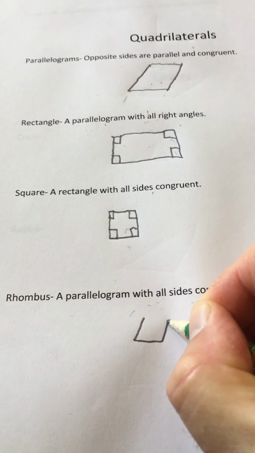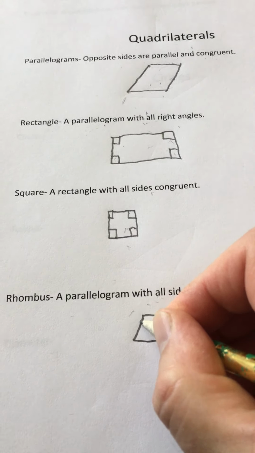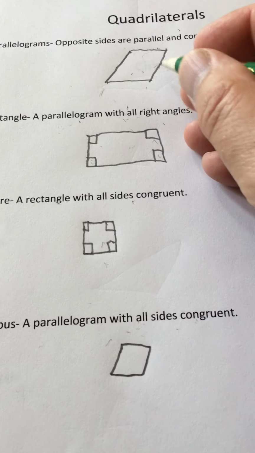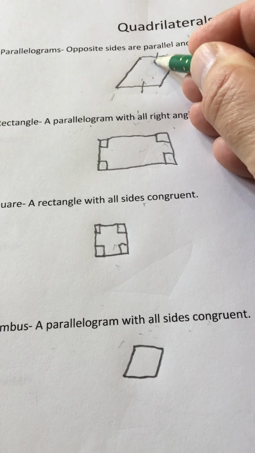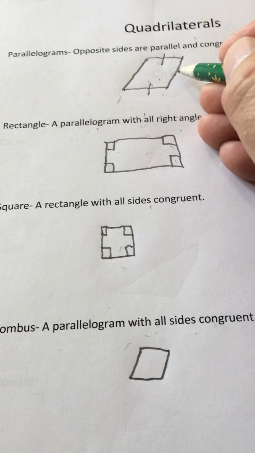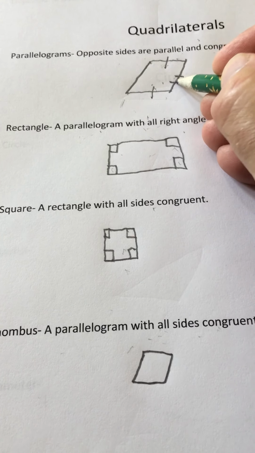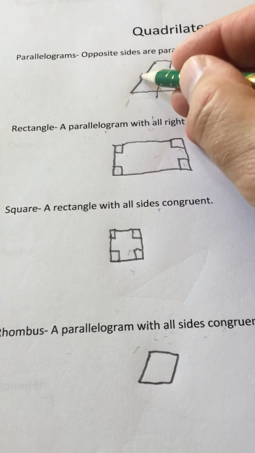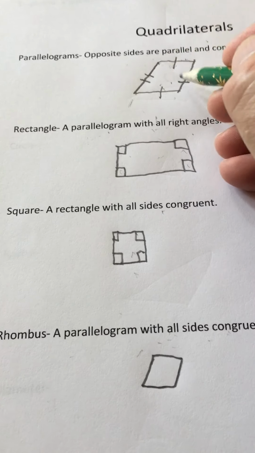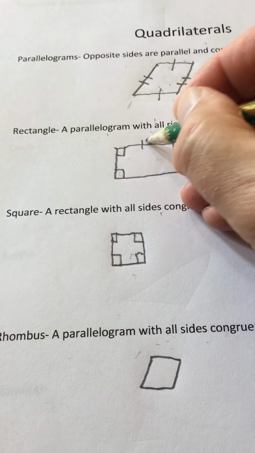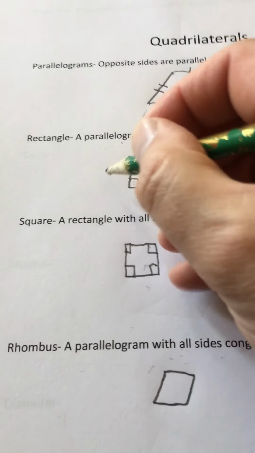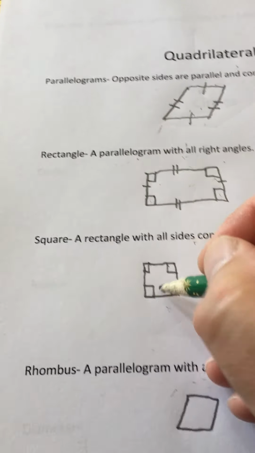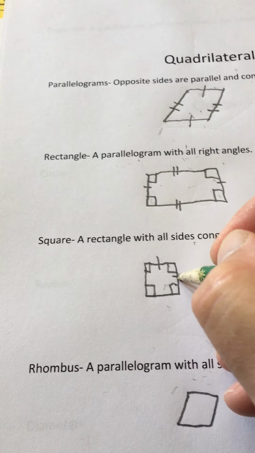Oh, you know what? I forgot to show you something here. When you do this, you can symbolize that things are congruent by drawing this is congruent to this because it has one line. This is congruent to that because it has 2 lines. We'll do 2 here, 1 here, 1 here, and here it would all be 1s.